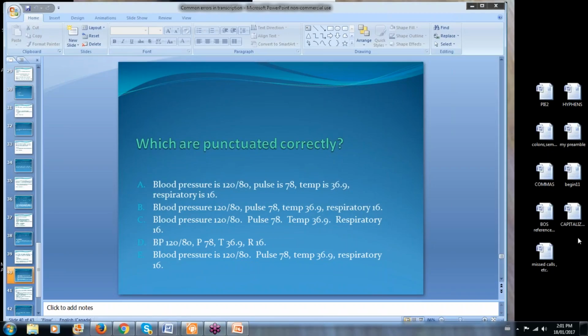So I'm saying A should have a period. So which are punctuated correctly? They're confused about A and C, B and C. Okay.